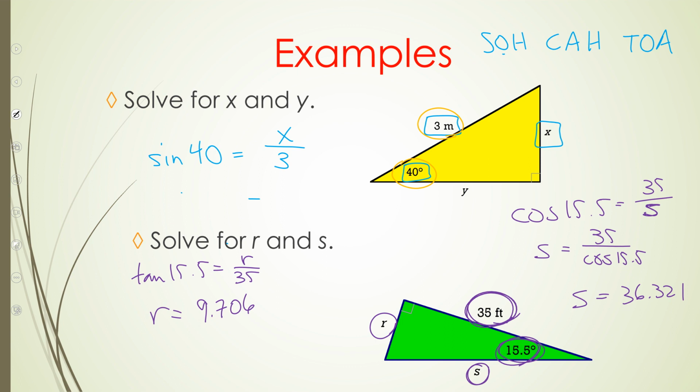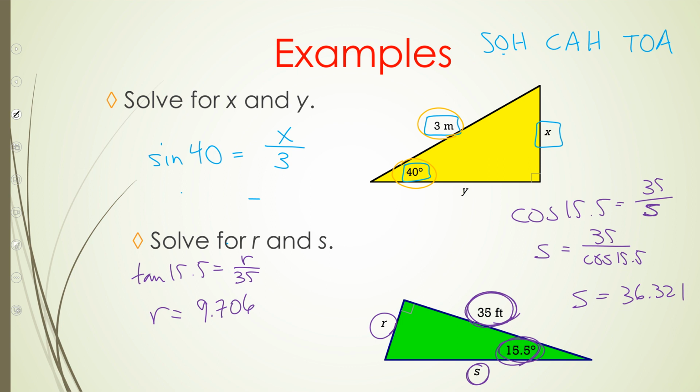Good. Now, to reiterate what happened there: I set up the trig equation, and I'm assuming we're all good setting up that trig equation, yes? But what I noticed as soon as I set it up is that my unknown S is in the denominator. You can solve that by cross-multiplying if you want.